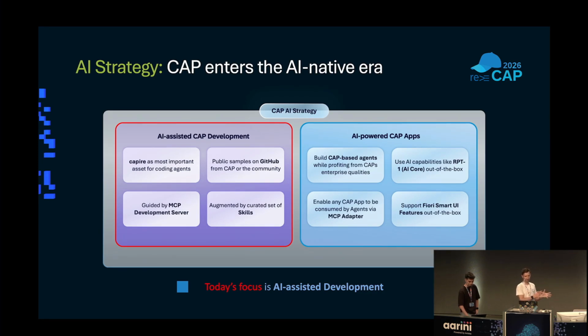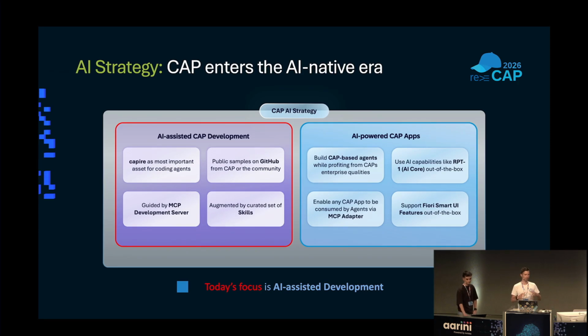But what we want to talk about in this session is actually when you develop an application, what can help you develop an application using AI. And what you can see here, the two top boxes are probably also not a surprise, because CapHire and all the tutorials and samples out there, all of that fuels what the LLMs know.